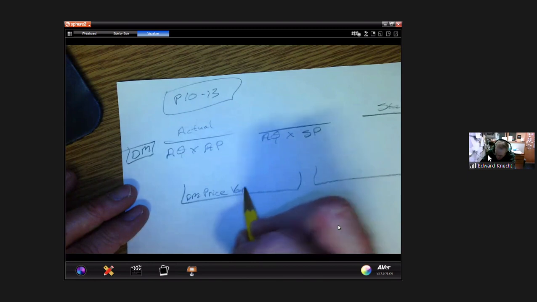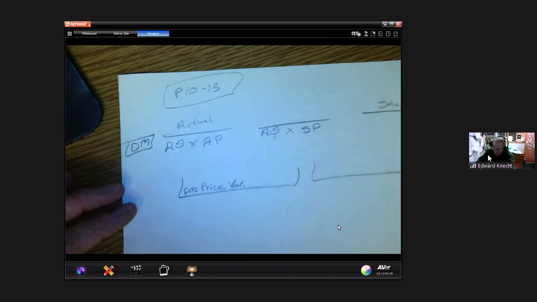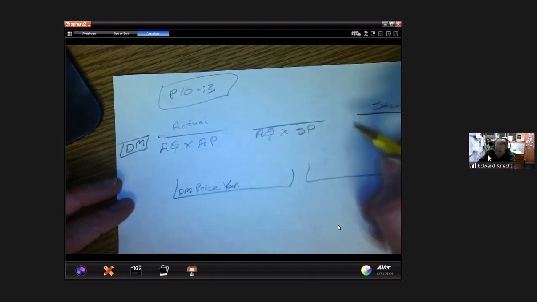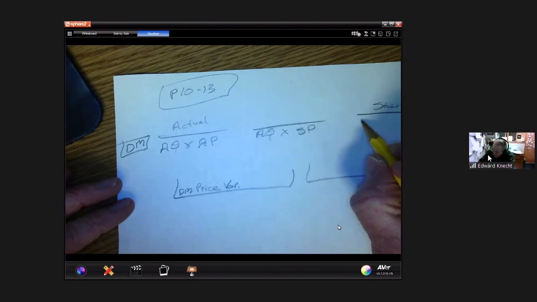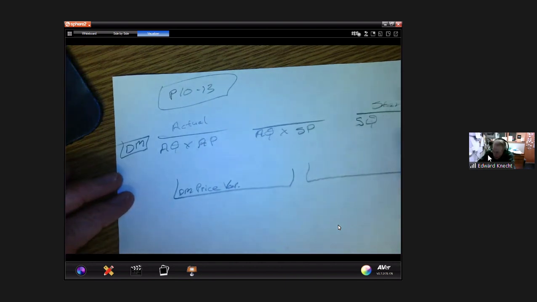And you could abbreviate. I understand what that means. Saves you a little bit of time. And our standard, a lot of people fail to understand: the standard quantity allowed based on actual output times the standard price.